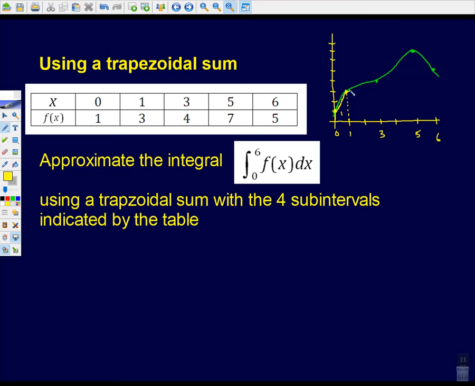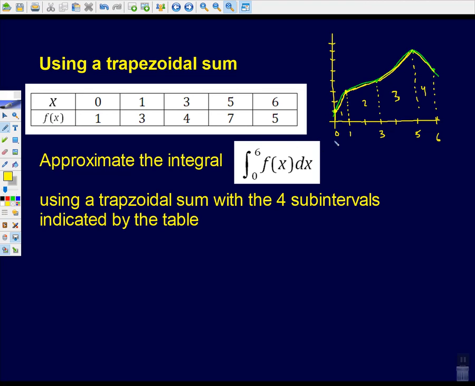And if I just join 2 consecutive points with a straight line, keep going, here's trapezoid number 2, and then I'm going to connect with a straight line again. Here's number 3. And I'm going to connect with a straight line again. And here's number 4.